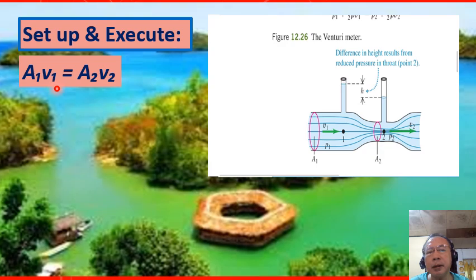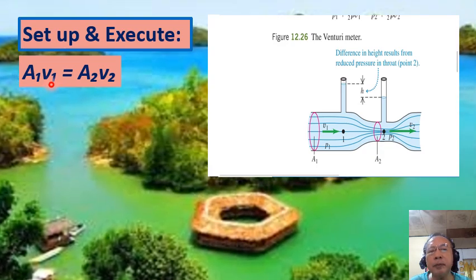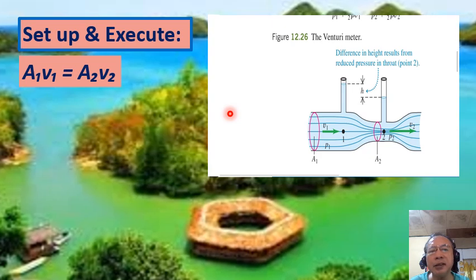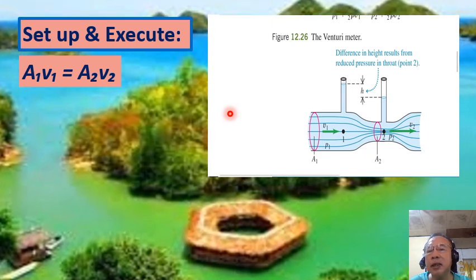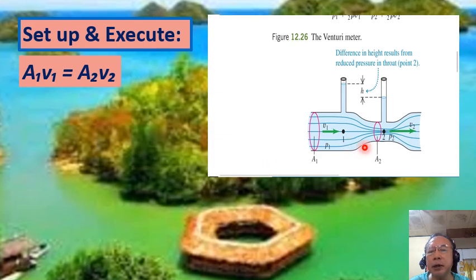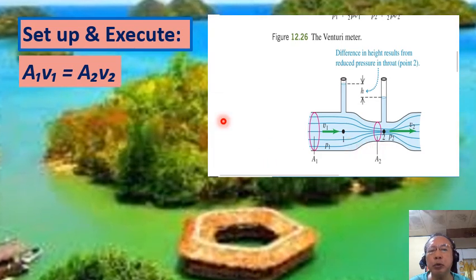But the speed of the flowing water, V sub 1, is smaller compared to the speed of the water at the throat or at point 2.